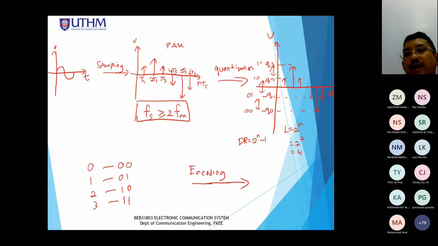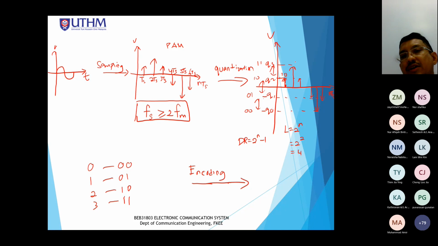In my example, I have 6 quantized values. The first quantized value here is Q2, which is assigned to code number 10.